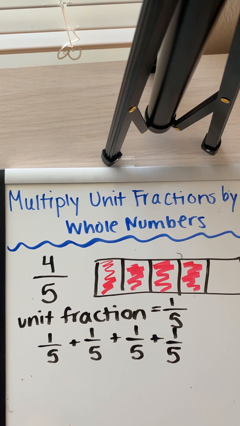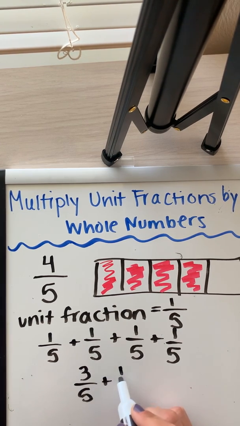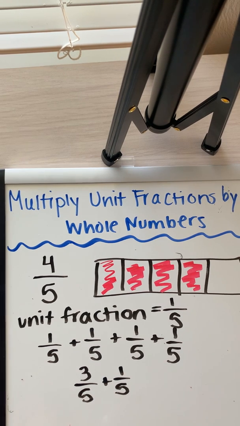There are also other ways for me to decompose this. I could say 3/5 plus 1/5, and I'm sure you guys can come up with a lot more options because this is something that we enjoyed doing in class and that you guys really got the hang of. So that is when I'm decomposing into unit fractions, all right?